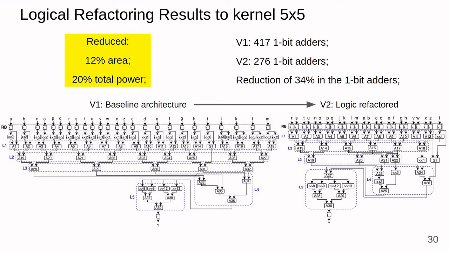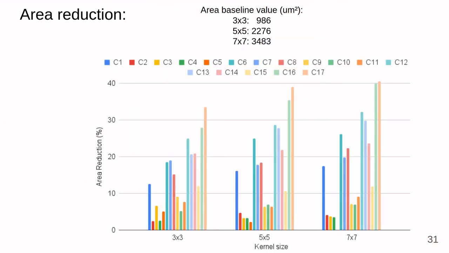Using only the logical refactoring in kernel 5x5, the area reduced by 12% and the power by 20%. It is a consequence of the 34% reduction in the total number of 1-bit adders. For the approximate cases, the reductions related to the exact case are shown in the chart.